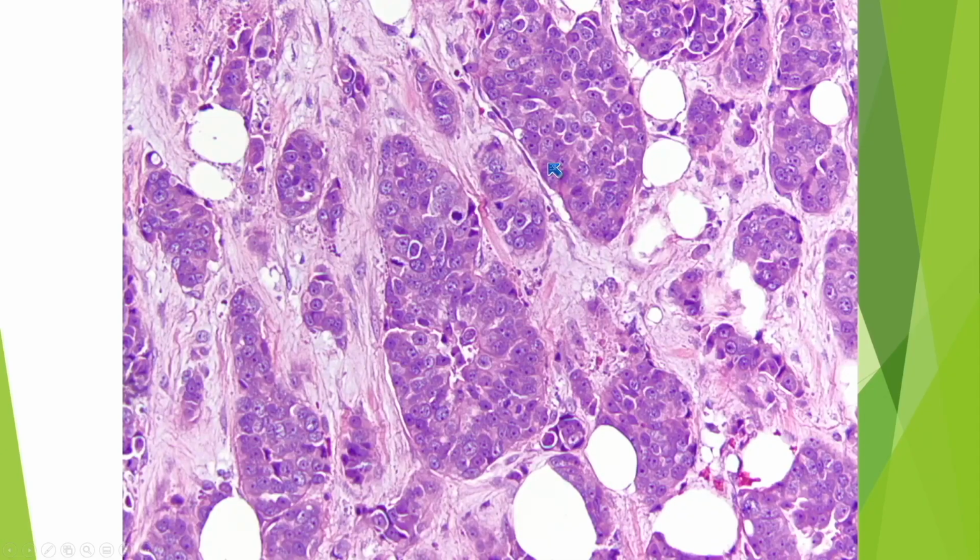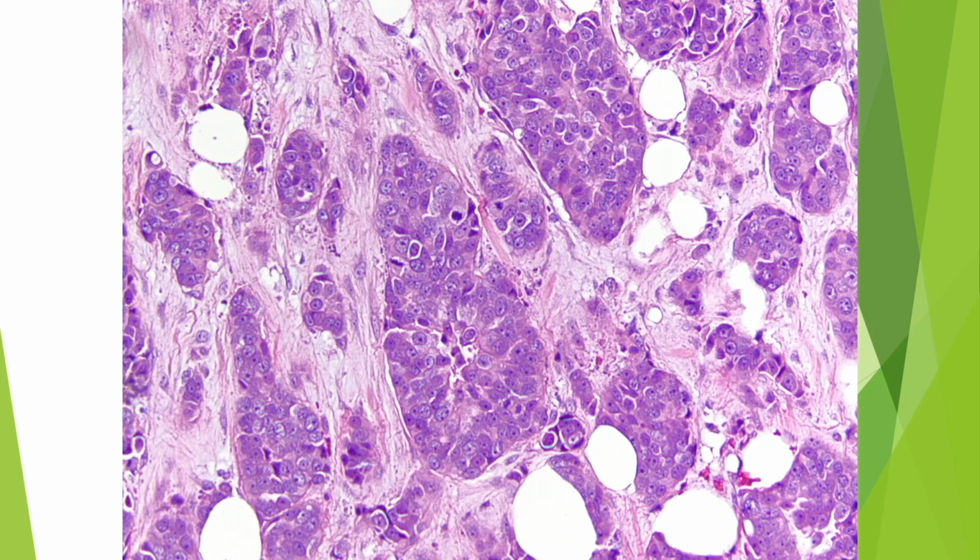So at low power, you see these basaloid nests of infiltrating cells. It looks like there are maybe some areas at the upper left here that could be in situ carcinoma, but the majority of this tumor appears to be invasive with a desmoplastic stroma. On high power, there's quite a bit of nuclear polymorphism.